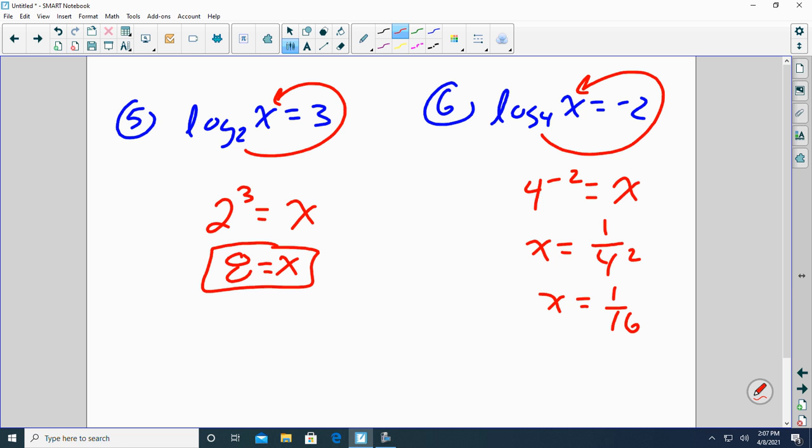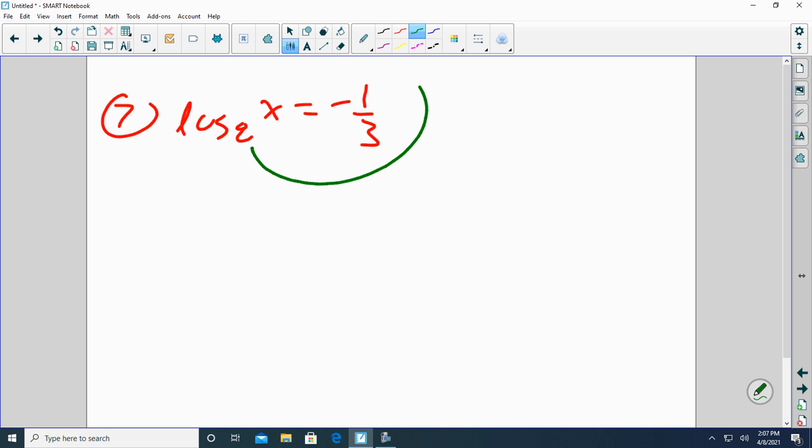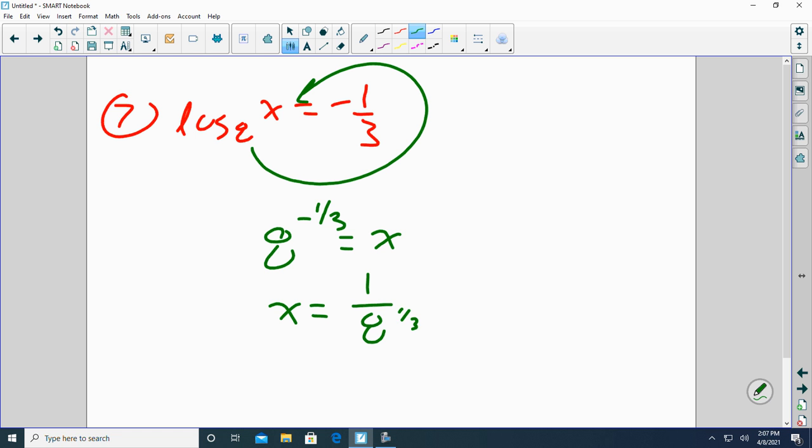Number 7, we have log base 8 of x equals negative 1/3, which is going to be this. 8 to the negative 1/3 power is equal to x. So that's the same thing as x equals 1 over 8 to the 1/3 power. And then you have to realize the 1/3 power is the same thing as the third root.